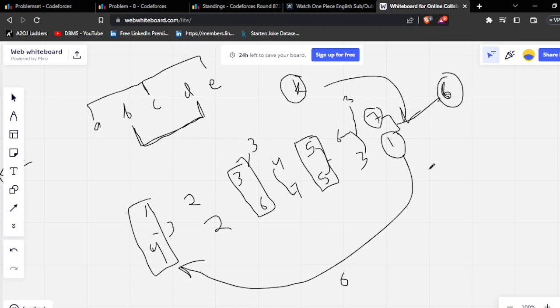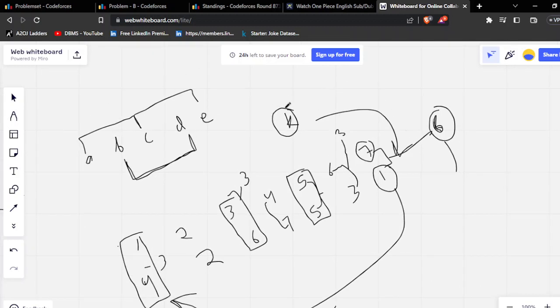So we have to find the greatest common divisor, because k should be a divisor of these differences, like 7 minus 1.